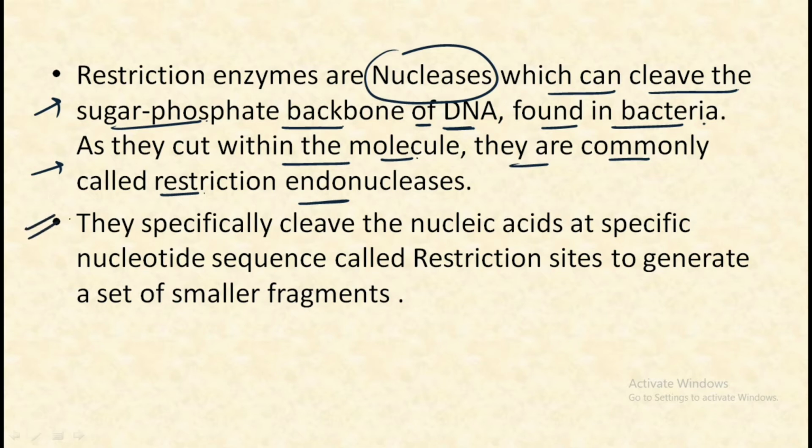They cleave the nucleic acid at specific nucleotide sequences called restriction sites, and as a result they generate a set of smaller fragments. So consider this was the DNA that we focused upon, and as a result of restriction digestion we cleaved the DNA at specific sites.